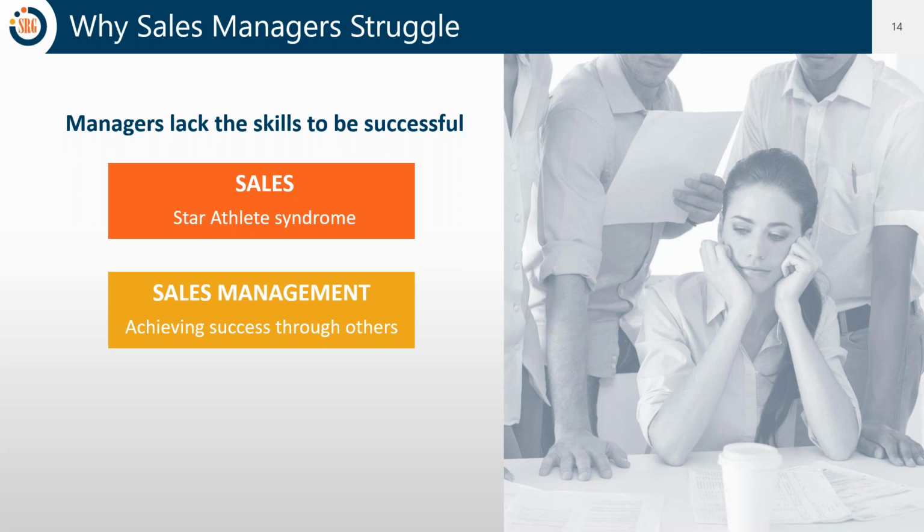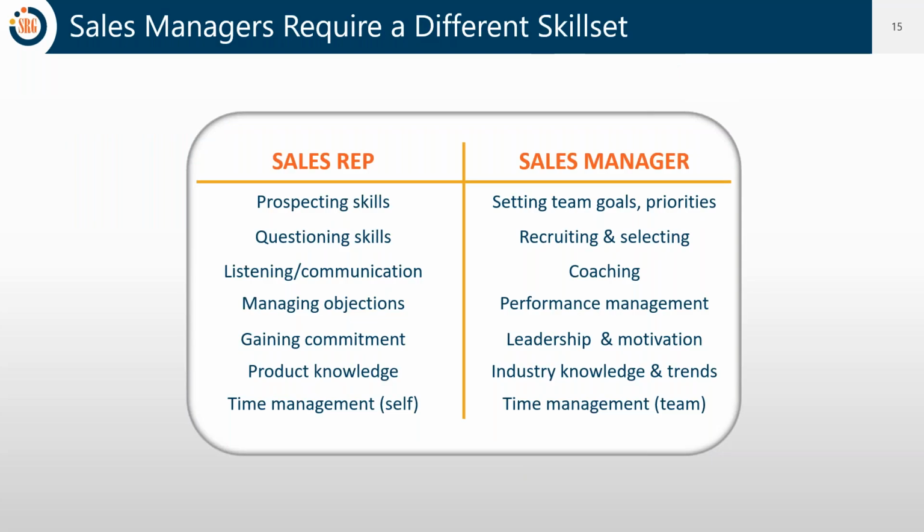The other thing that has to change is not just mindset, but also skill set. And so when we think about, and I mentioned this earlier, sales reps, look at the skills on the left. It could be prospecting, asking great questions, active listening skills, managing objections, gaining commitment, obviously developing rapport with people, product knowledge, and managing their own time.